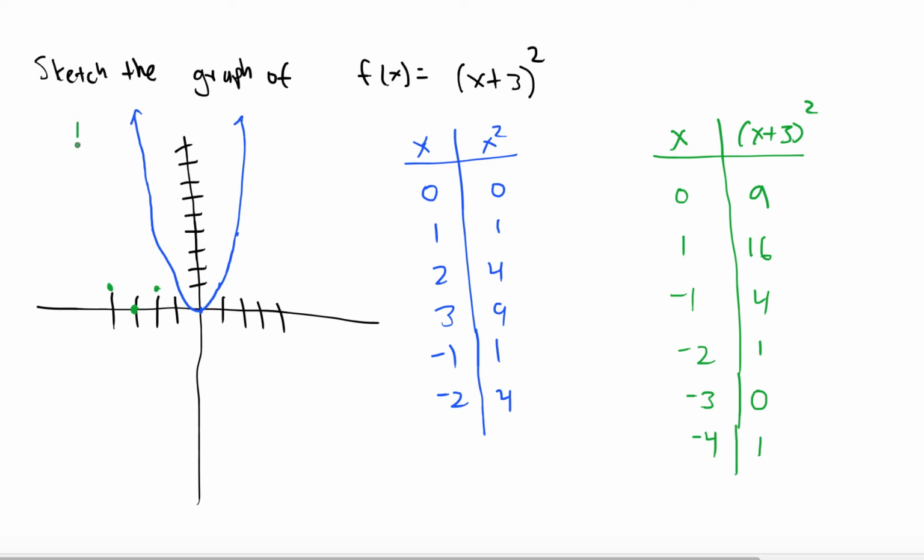So if we draw this graph, we should get the same U shape, but what has happened here? For this function, everything has shifted. Every point has been shifted to the left 3 units. This is a horizontal shift. I do want to point one thing out. This is very different than something like this. Make sure you look at this very carefully.